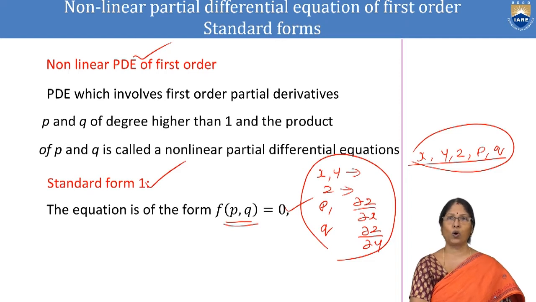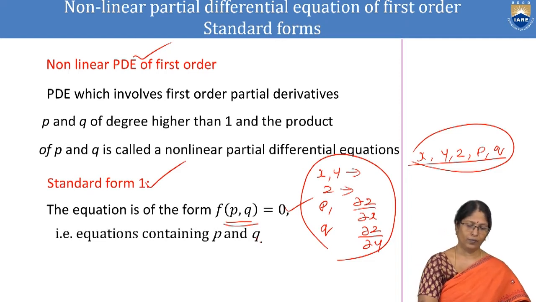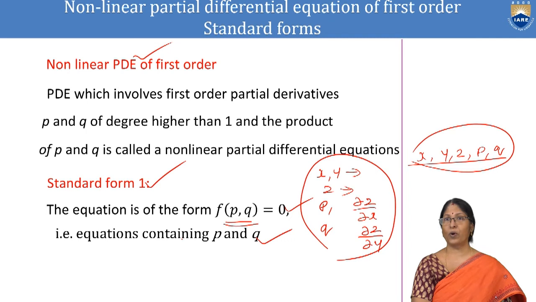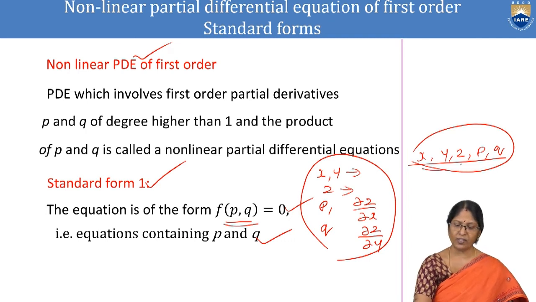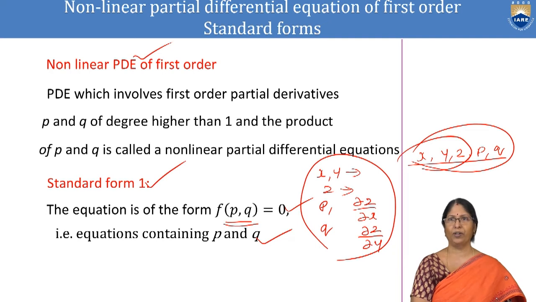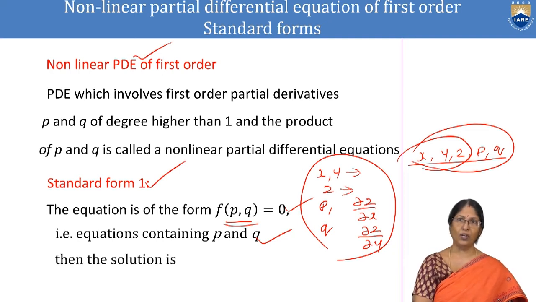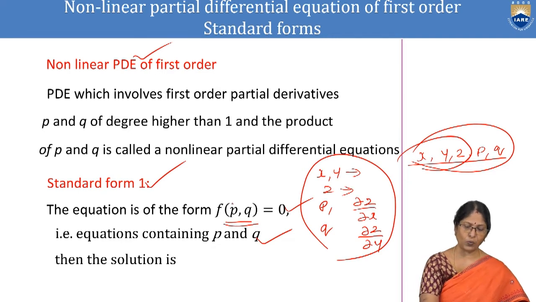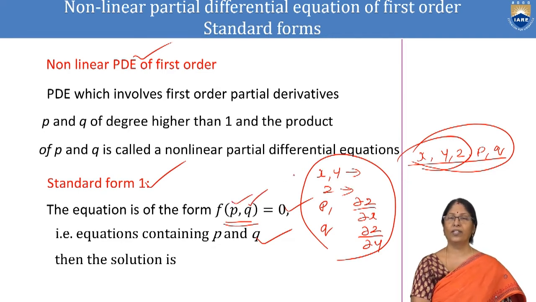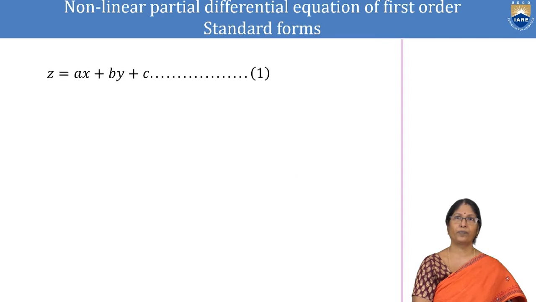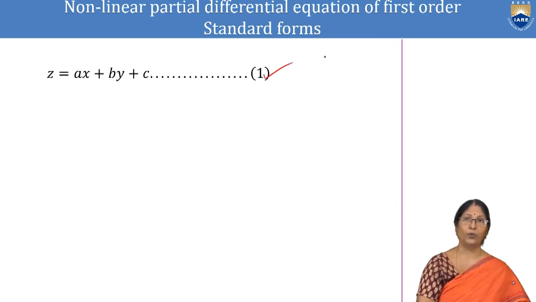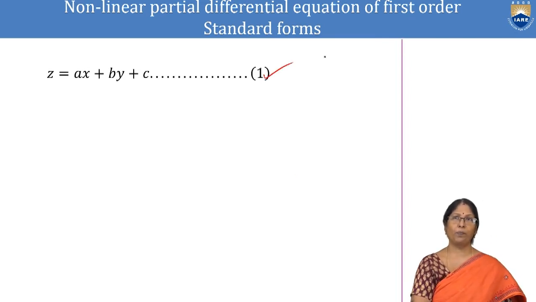Then how to solve it? The equations contain only p and q, which means x, y, z are not at all there in that particular equation. Then the solution is z equal to ax plus by plus c.